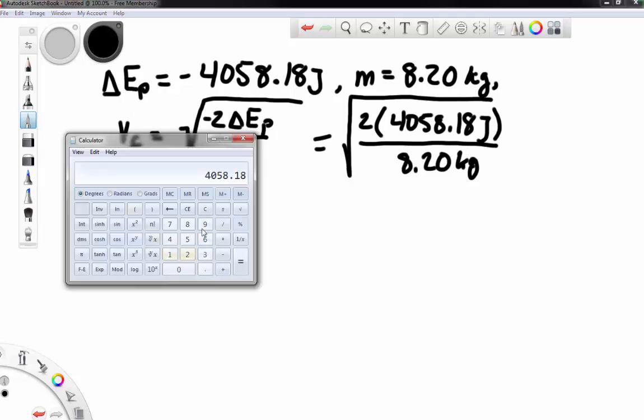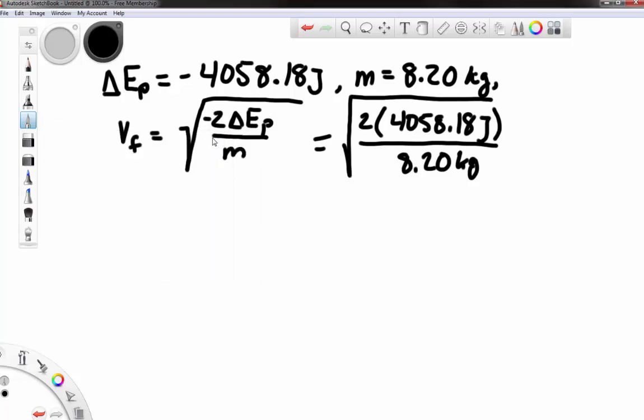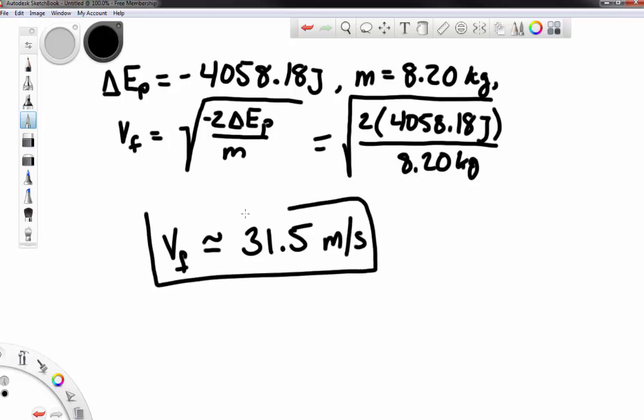We have this times 2, and that has to be divided by 8.2. Now we need to take a square root. So that's 31.46, and we need to round it off to 3 significant figures. So the final speed is about 31.5 meters per second. That's the speed that it would be hitting the ground with.